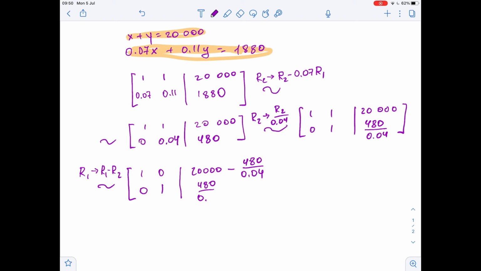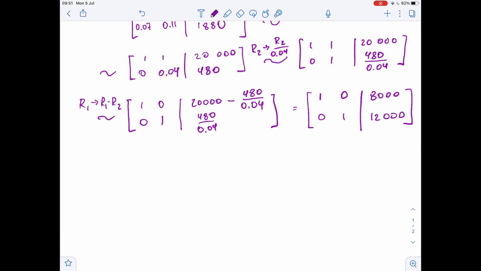Well, now 480 over 0.04 is 12,000. So here we get 1, 0, 20,000 minus 12,000 is 8,000, and 0, 1, 12,000.